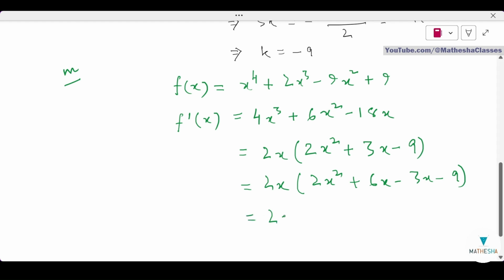So if you factor it, you will be getting 2x(2x minus 3)(x plus 3).